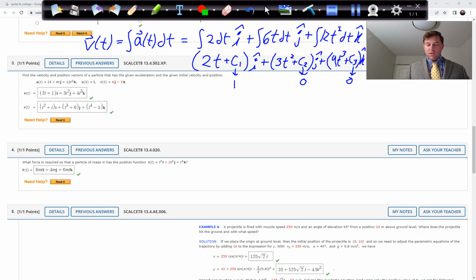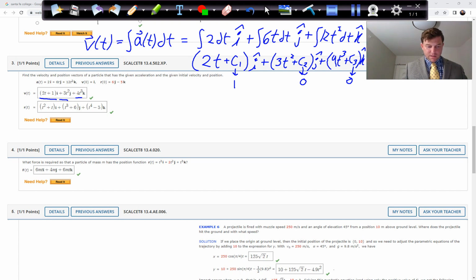Because when we plug in 0 here, this 2t goes away, 3t squared goes away, 4t cubed goes away. The only thing I should have left is 1i, therefore c1 has to be 1. So the velocity vector is 2t plus 1, 3t squared with nothing, because c2 goes to 0, and 4t cubed plus nothing, because that one goes to 0.